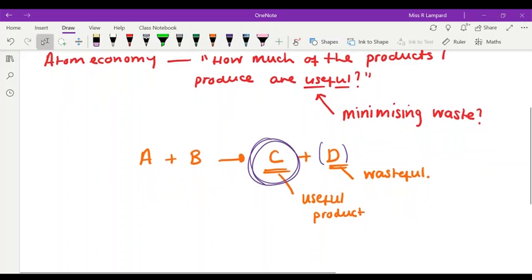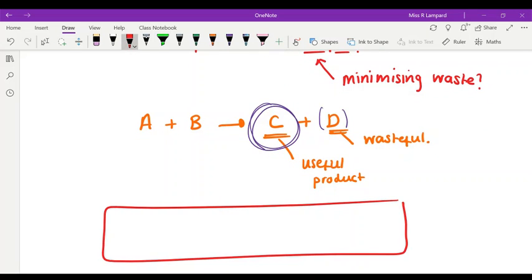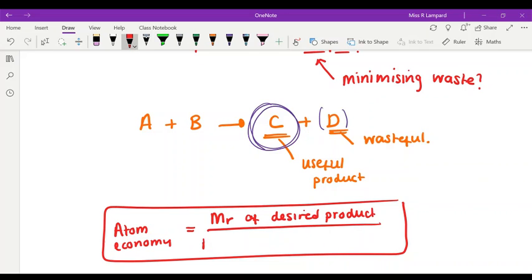Now, we can use this equation to calculate atom economy, such that atom economy is equal to the relative formula mass of our desired product divided by the relative formula mass of all reactants.